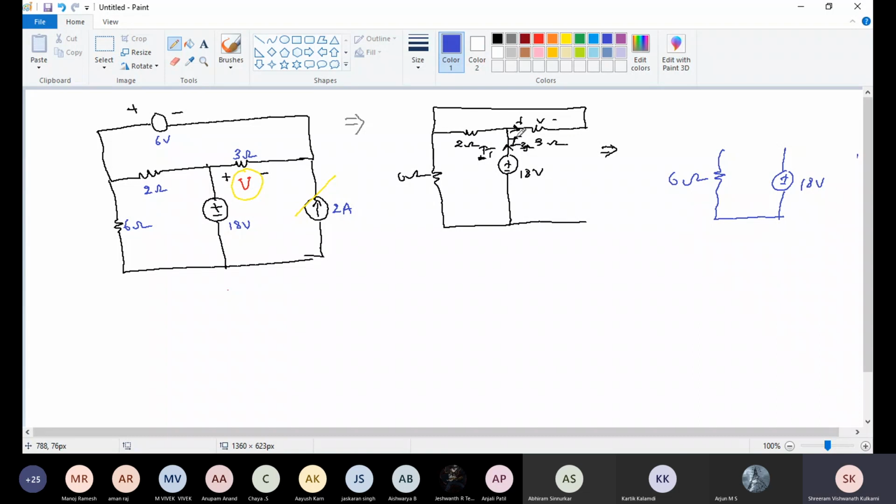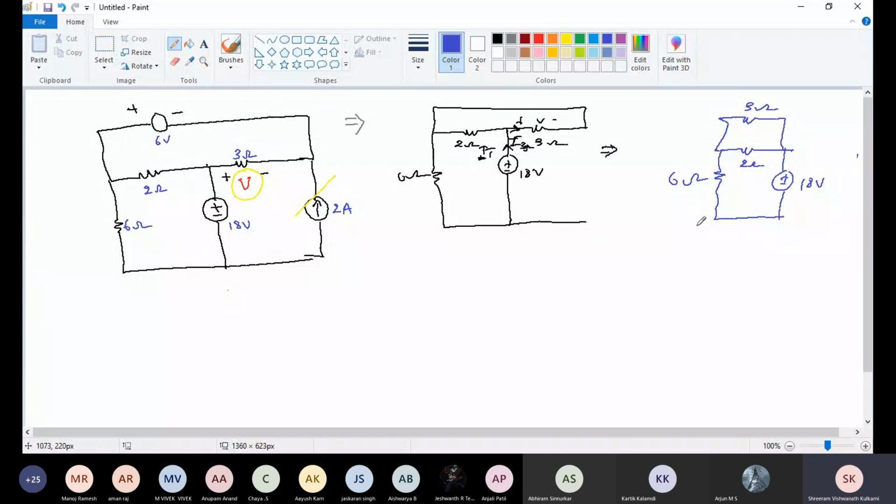Just by seeing, we can say that these two are parallel, since the current is dividing into different currents. Now you can write 2 ohm, 3 ohm. These two are parallel.